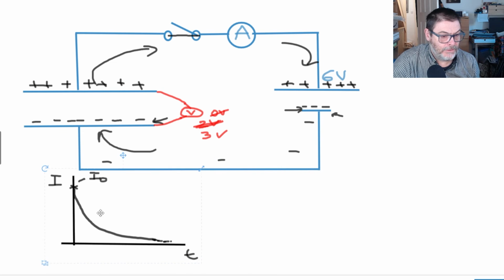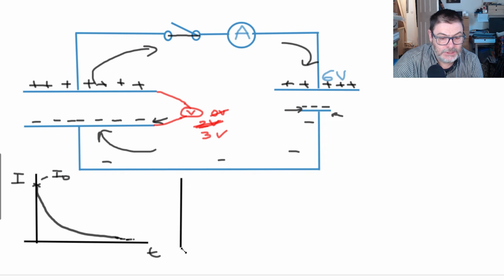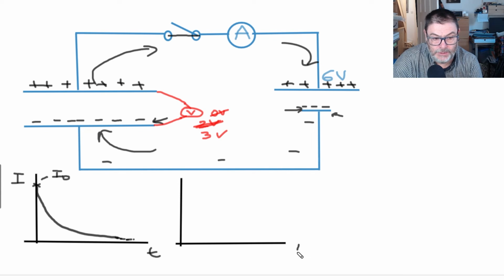So let's just move that graph over a bit, make sure it still fits on the screen. And let's see if we can do a similar one now for the amount of voltage, or potential difference I should say, sitting on the capacitor plates. Well, at the start, before any current has flown, I think quite clearly that voltage is going to be nothing. There'll be no voltage sitting on that plate.